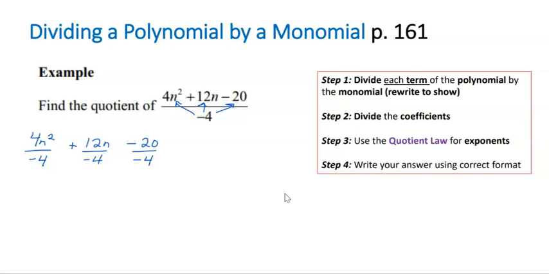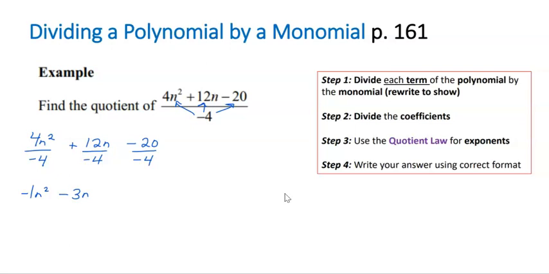So we're going to go ahead and simplify now. 4 divided by -4 is a -1, n squared. On our second term, we have 12n divided by -4. 12 divided by -4 is a -3n.